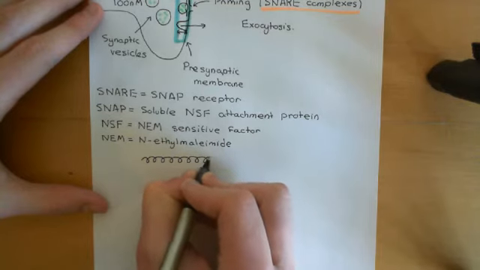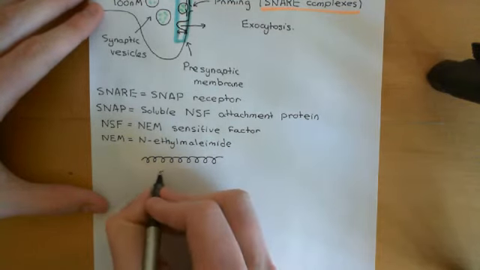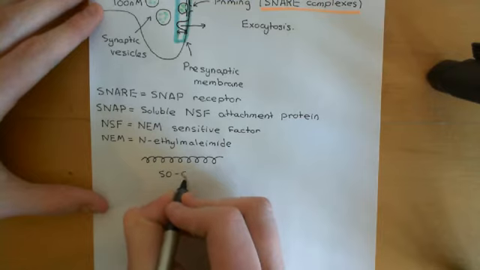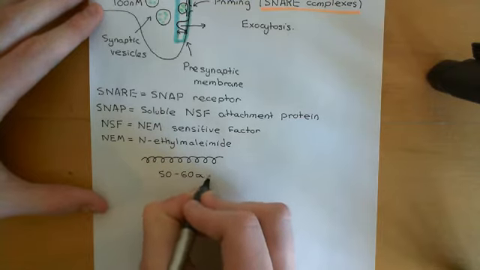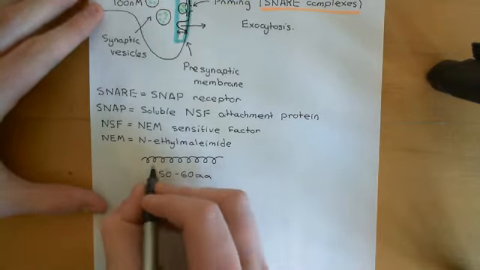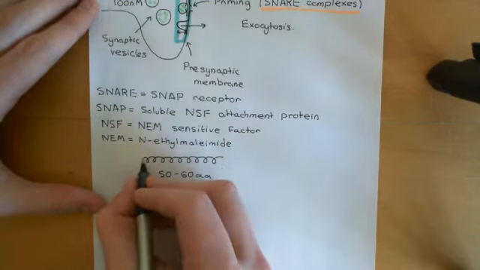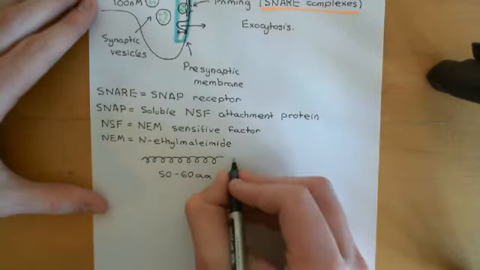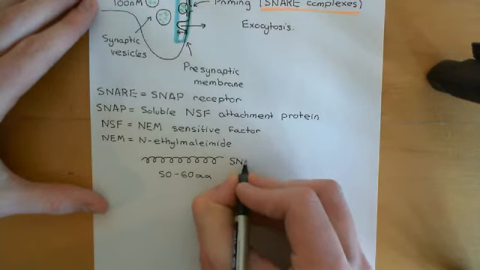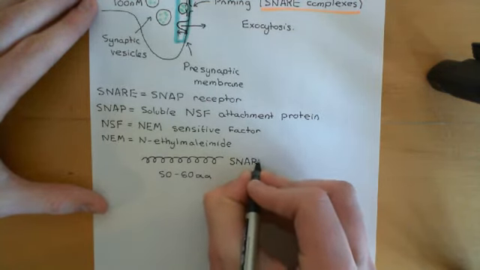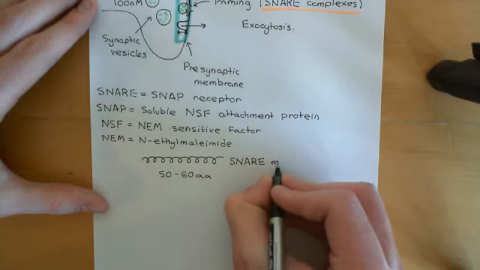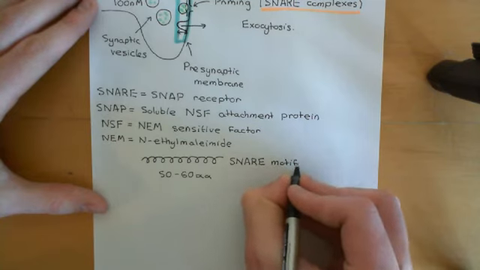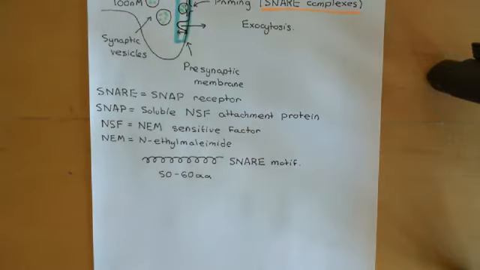This long alpha helix is a spring-like structure where the polypeptide folds up into this spring-like shape, and this is known as the SNARE motif. So all SNARE proteins have a SNARE motif which is between 50 and 60 amino acids in length.